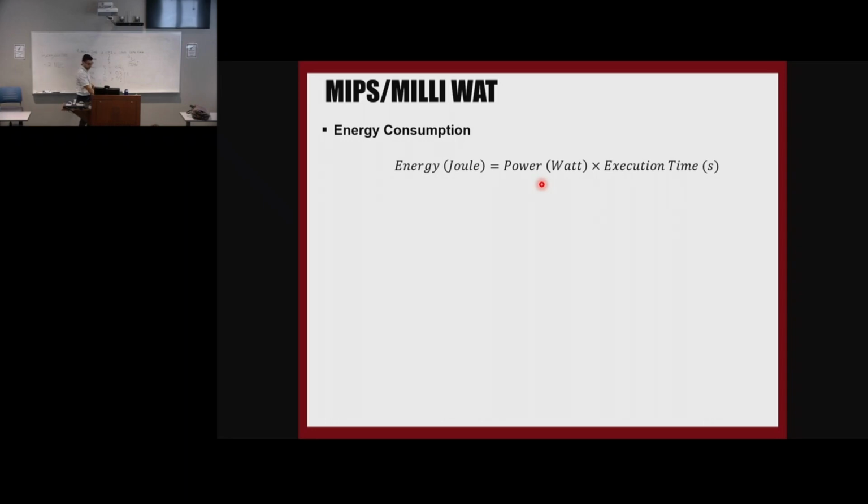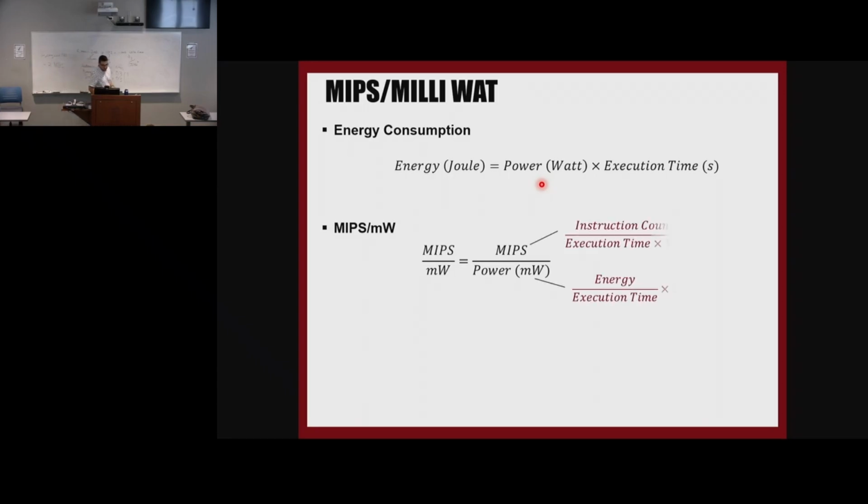Okay, and then we have metrics like MIPS per milliwatt. This is also another interesting metric that includes everything. It has execution time because it has million instructions per second, and it also includes some information about the power. So these are more inclusive metrics, and by giving one metric, you give a lot of information to the user, right?